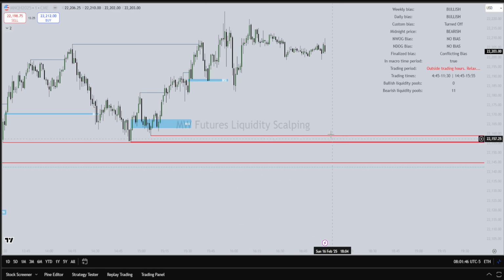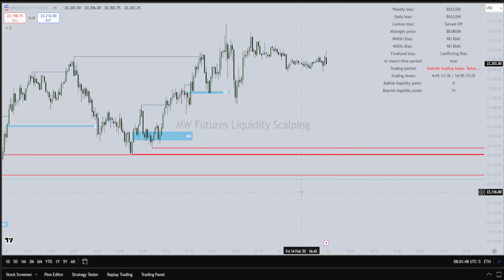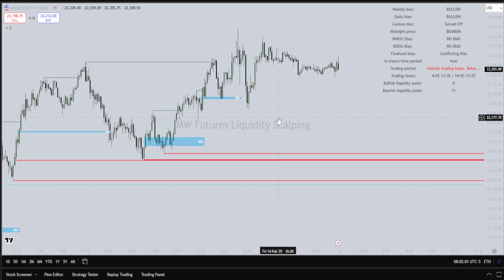But this is how you should start when you first get access to the script: just start tweaking, start playing around with it, and you will actually find that it is kind of addictive to dive deep into price action and figure out, all right, do I understand how this works?